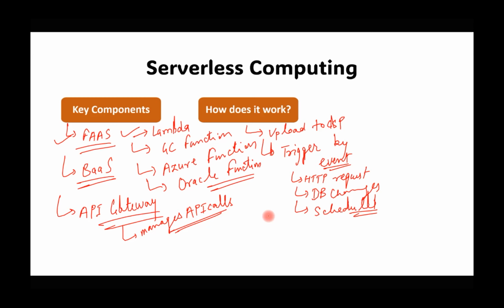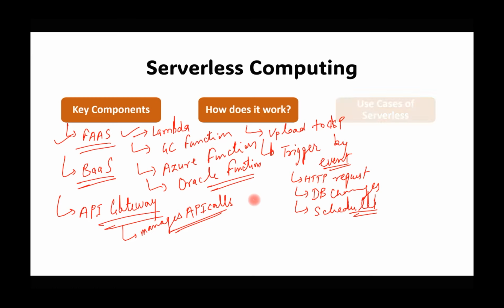When this event occurs, the cloud provider automatically provisions resources to execute your code. Once your code is executed, the resources are released. Once our function is completed, the server provided by the cloud service provider is automatically released to the resource pool. So this is how serverless computing works.